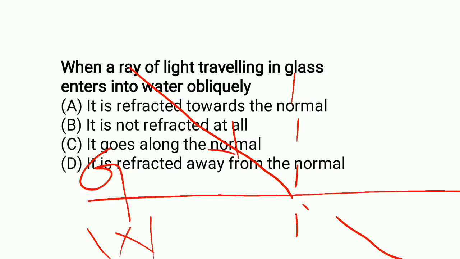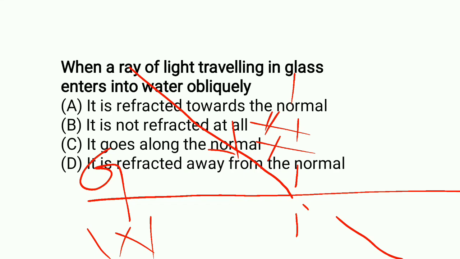Obliquely means it is making some angle. Option A, it is refracted towards the normal. Option B, it is not refracted at all. Delete this option, because whenever a ray of light travels from one medium to another, it bends. Option C, it goes along the normal? No, since it makes an angle, it does not go along the normal. Delete option C also.